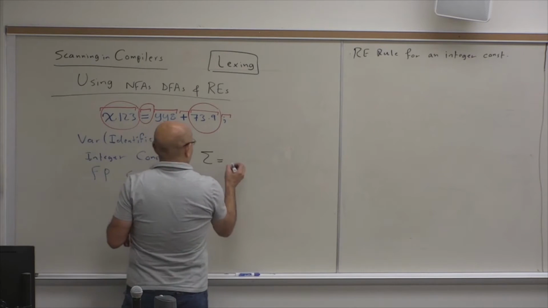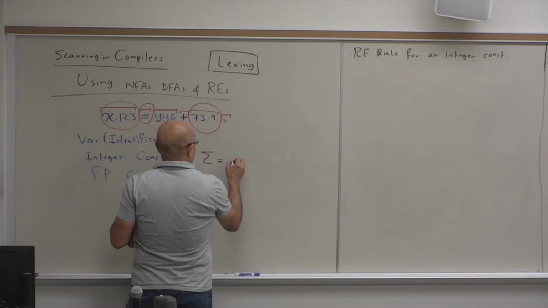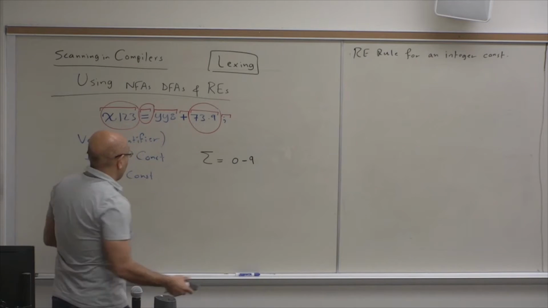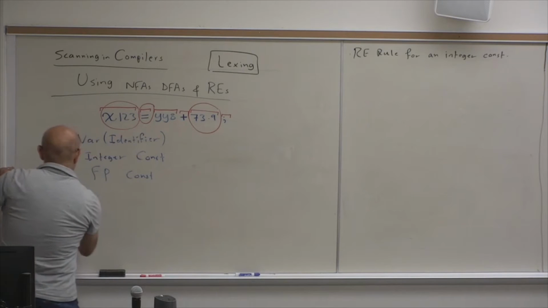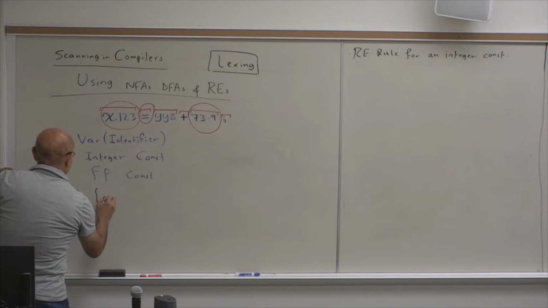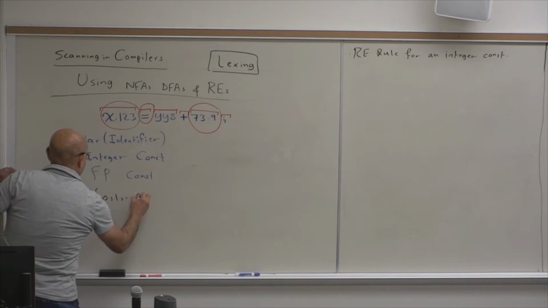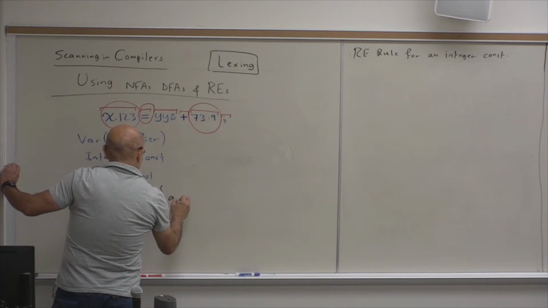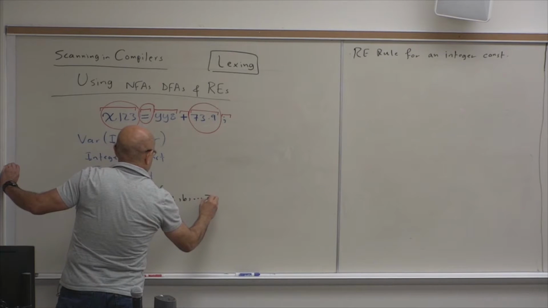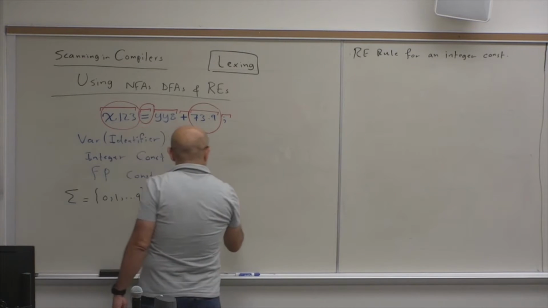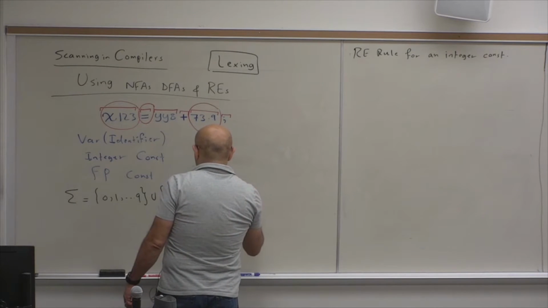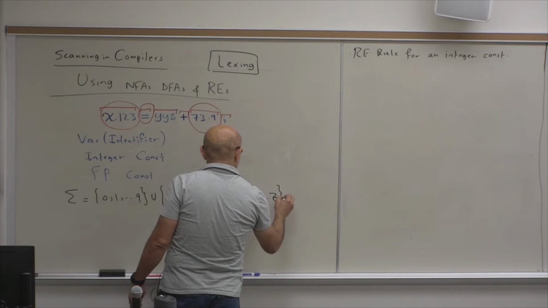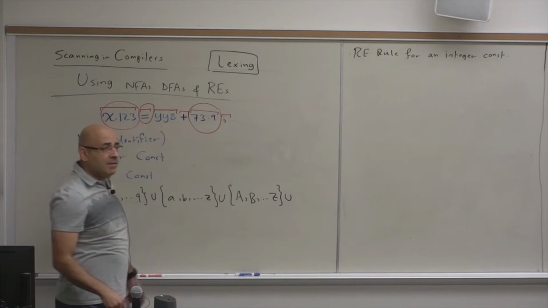So you will have the numbers 0 to 9. So sigma is going to have the set of numbers 0, 1 through 9, union a, b through z, union uppercase A, uppercase B through uppercase Z, union everything else.